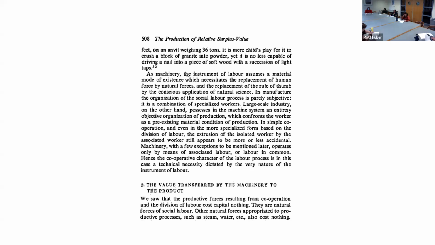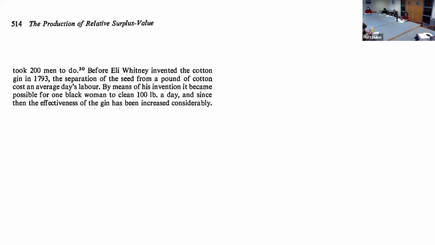So section 2 is a lot about value, and the big thing we should note is this mode of production is way more productive, right? And he has a lot of examples. Before Eli Whitney invented the cotton gin, the separation of the seed from the pound of cotton cost an average day's labor, but by means of the invention it became possible for this one Black woman to clean 100 pounds a day, right?